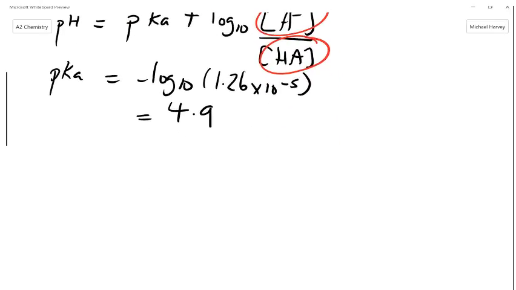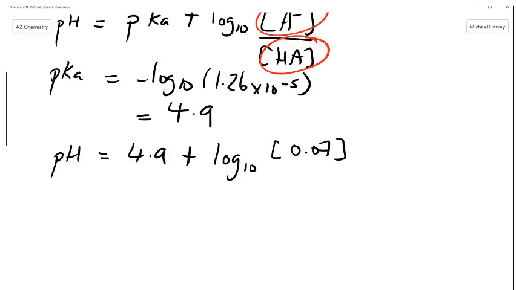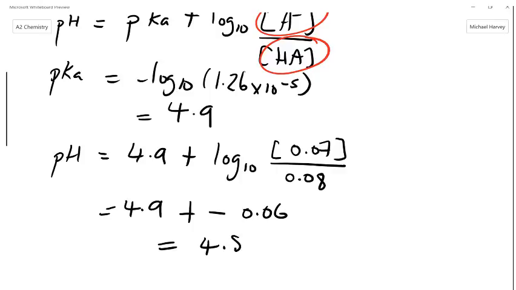And so therefore the pH will equal 4.9 plus the log base 10 of A minus, which we have been given previously, 0.07, divided by 0.08, which will equal 4.9 plus minus 0.06, which equals 4.84, which again is the answer we are looking for.